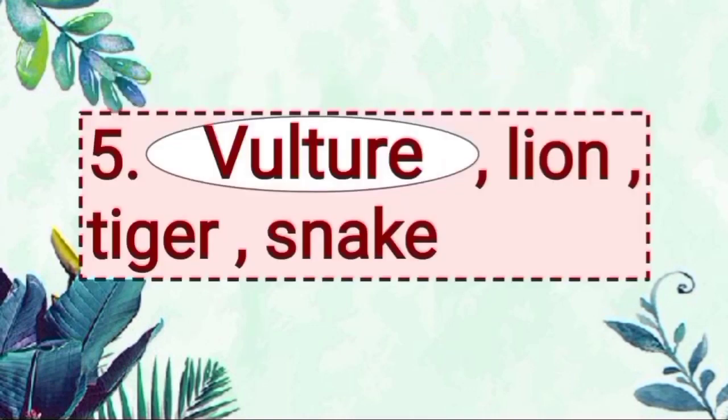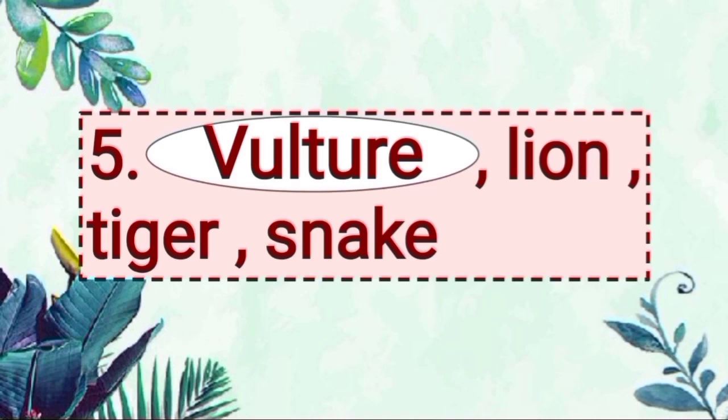Now next, V-U-L-T-U-R-E, vulture. Second word L-I-O-N, lion. Third word T-I-G-E-R, tiger. And fourth word S-N-A-K-E, snake. Here vulture is an example of scavenger, means there are some flesh eating animals that feed on the flesh of dead animals.